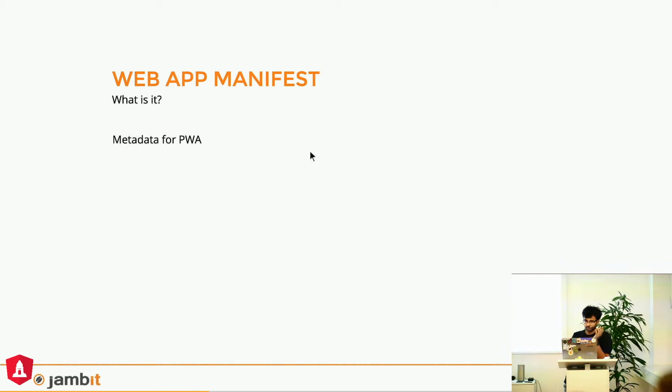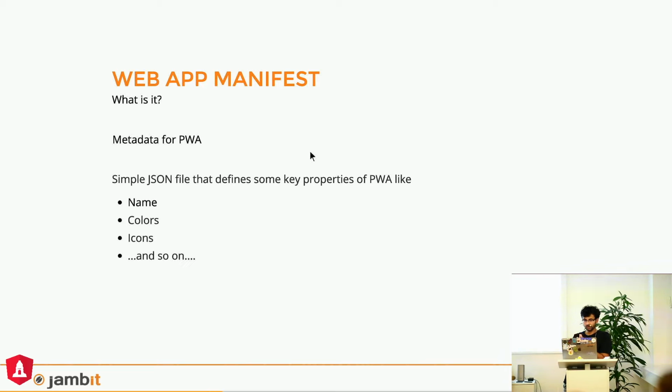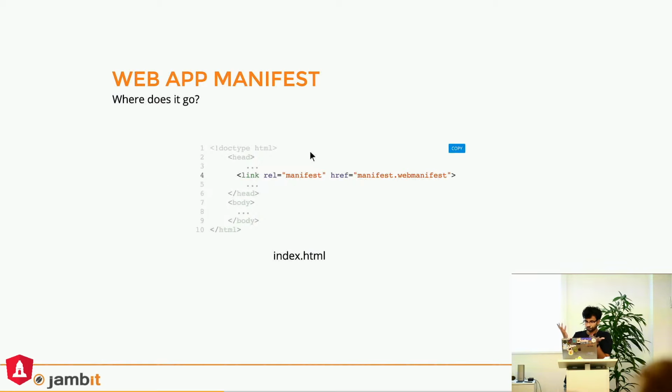It's metadata for a PWA. It is just a JSON file where you put some name and icon details, and then you get a manifest file that you just need to put in your index.html with rel manifest.